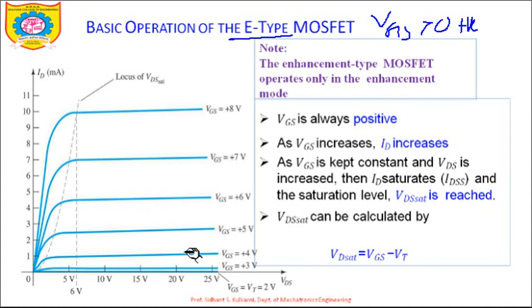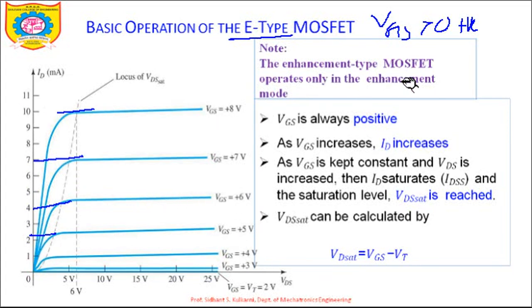If VGS is increased to 4 volt, the ID current increases further. Let's say for 5 volt it is 2.5 ampere, then 4 ampere, then 7 ampere, then 10 ampere. The ID current goes on increasing depending on how much forward bias voltage you apply across VGS. So for VGS equal to 3, 4, 5, 6, 7, 8, in increasing order, the ID current is also increasing in increasing order.